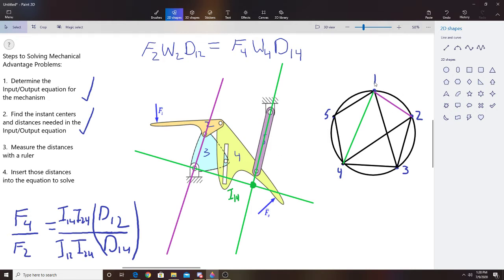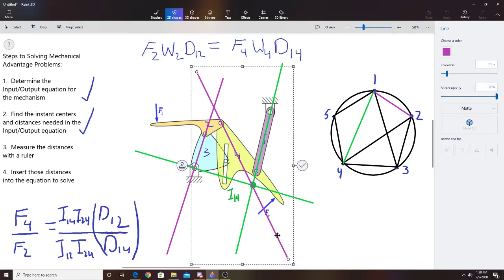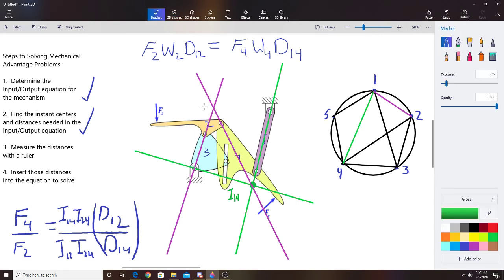Then the next one is 1,4 and 2,4. So 1,4 is here, and 2,4 is here. So you draw a straightish line between the two of them. And you would find that it ends up right here. And that is I12.